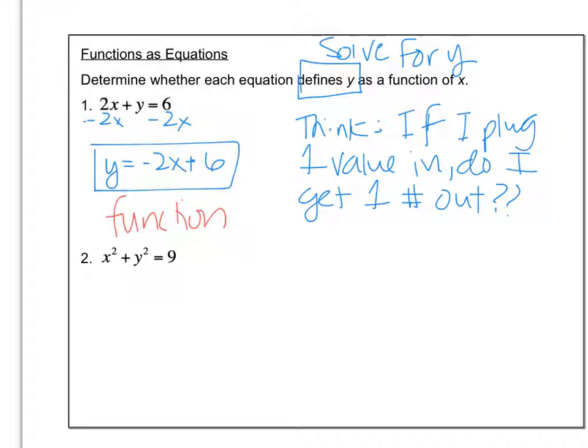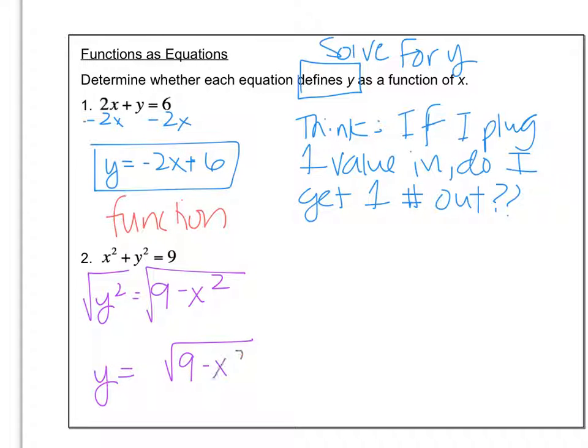So again, the first thing you're going to do in number 2 is what? Solve for y. So subtract the x squared first. Then take the square root. What happens when I take the square root in an equation? Plus or minus. You have to put that plus or minus sign in there because it's an even root.